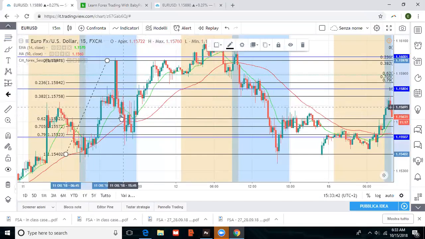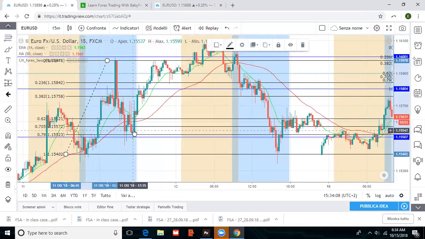Then I had to wait again, yes, it went back down, and I entered my second trade at the 70 level, and the third trade at the 79. Then it just went back up, actually touched the 79 level again, and then went back up by a lot. And I get my 10 pips, get my profit, and just get out.